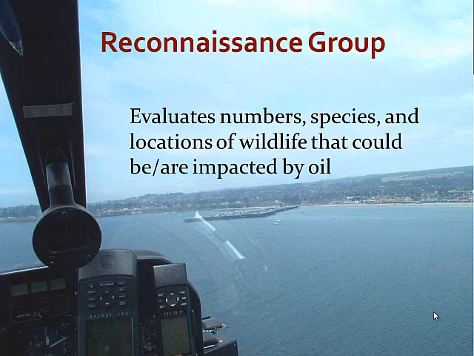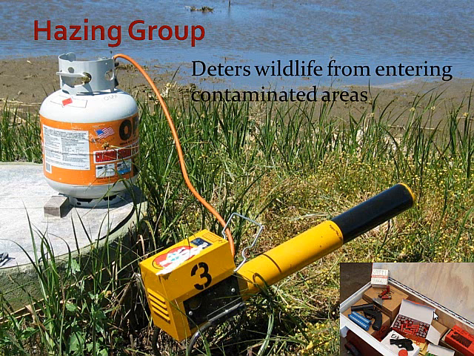And then this is the part, even the slides are the same. So the Reconnaissance Group, as Holly said, evaluates the numbers, the species, and the locations of impacted wildlife. The Hazing Group deters the wildlife from getting oiled. So the best way to treat oiled wildlife is to prevent it from getting oiled in the first place. So hazing is a group that doesn't always get activated because it's very, very tricky.